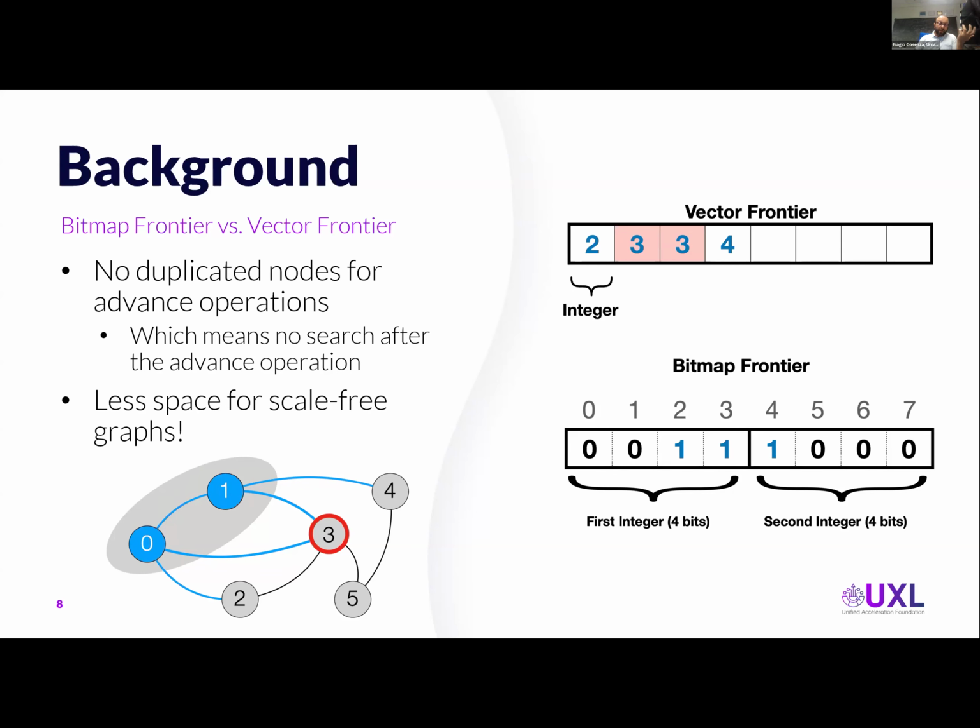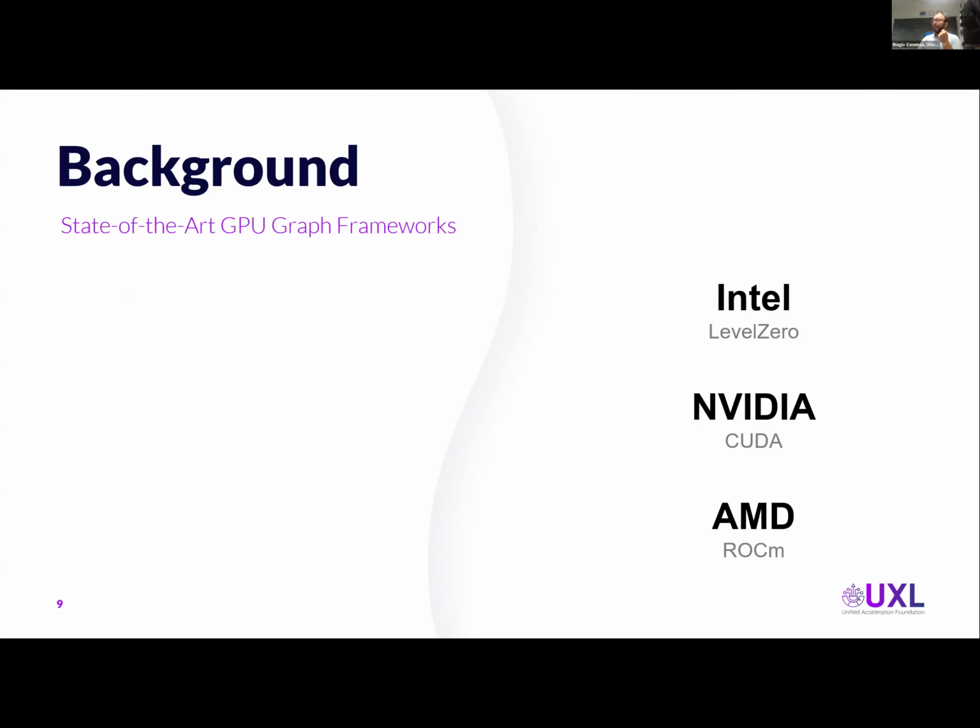And looking at the state of the art in terms of GPU graph frameworks, we have high-end GPUs from Intel, the one you find in Aurora at Argonne, from NVIDIA in many clusters, and AMD, like here in Europe, where we have Lumi, which is an AMD cluster.